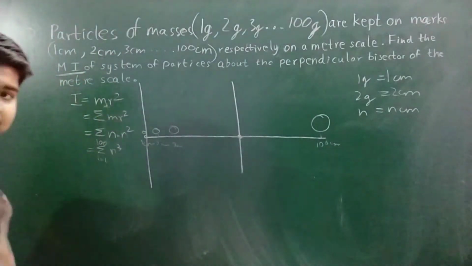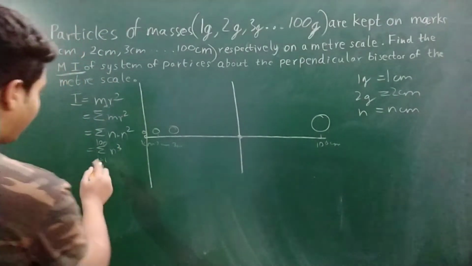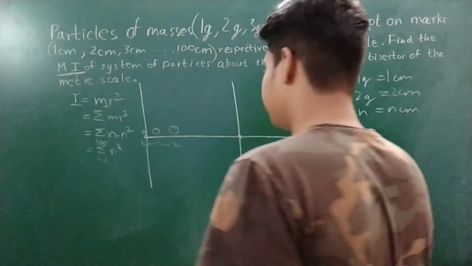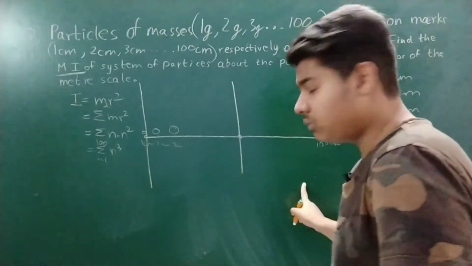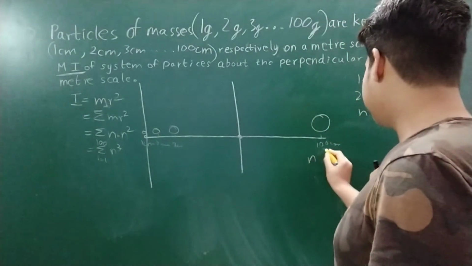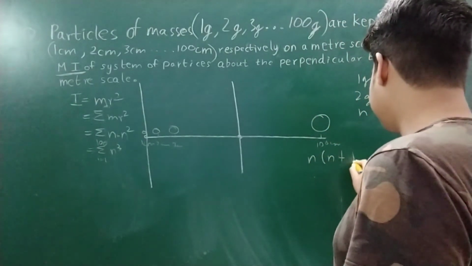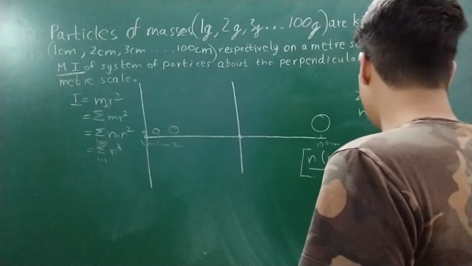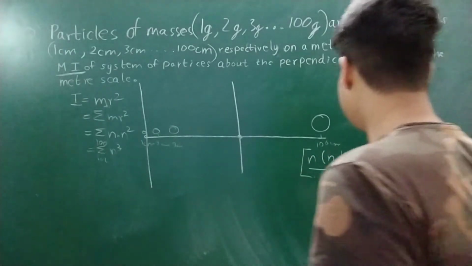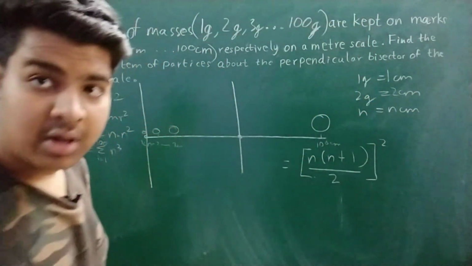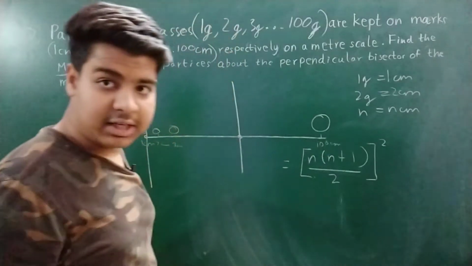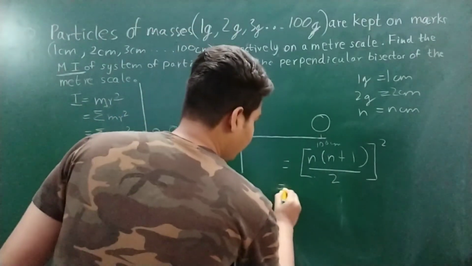Then using the sequence and series formula, what is the formula for summation of n cube? As you all remember, it is n into n plus 1 by 2 whole square. We all know this formula. So what is our n? Our n is 100. So I simply put this value.